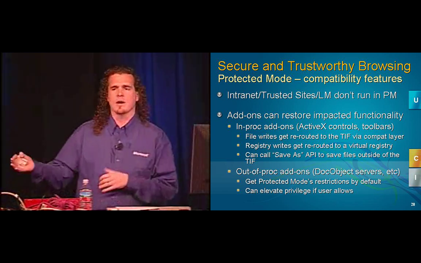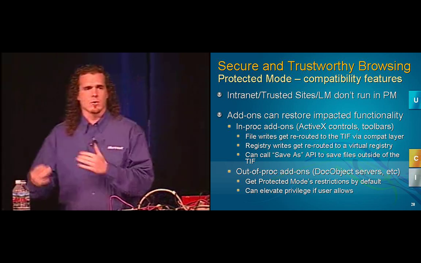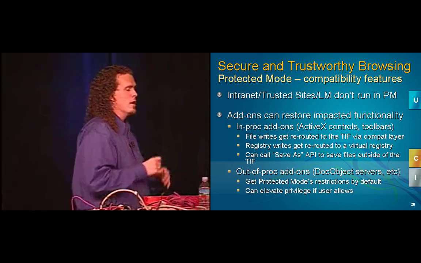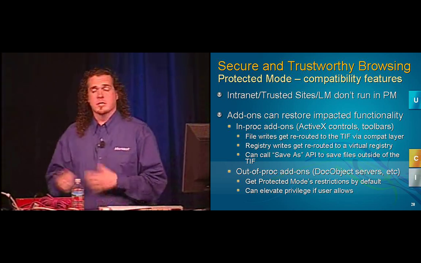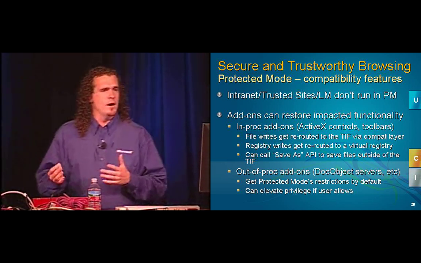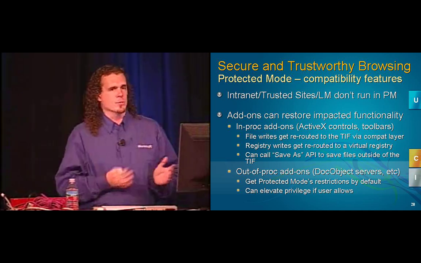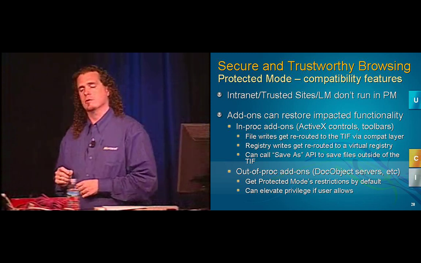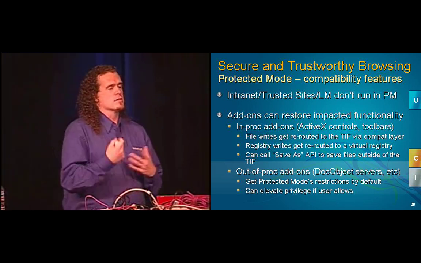So if they try to write to somewhere on the folder, they actually get rerouted and get a virtual file inside temporary internet files. Registry writes get rerouted in much the same way automatically. They go into a virtual area of the registry that won't allow someone to register something that will run in your startup files, for example, but does allow them to save things. It doesn't just automatically fail.